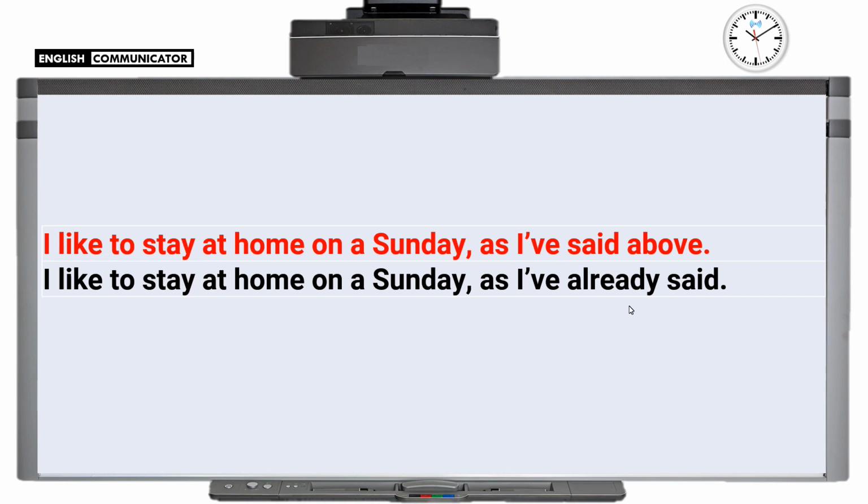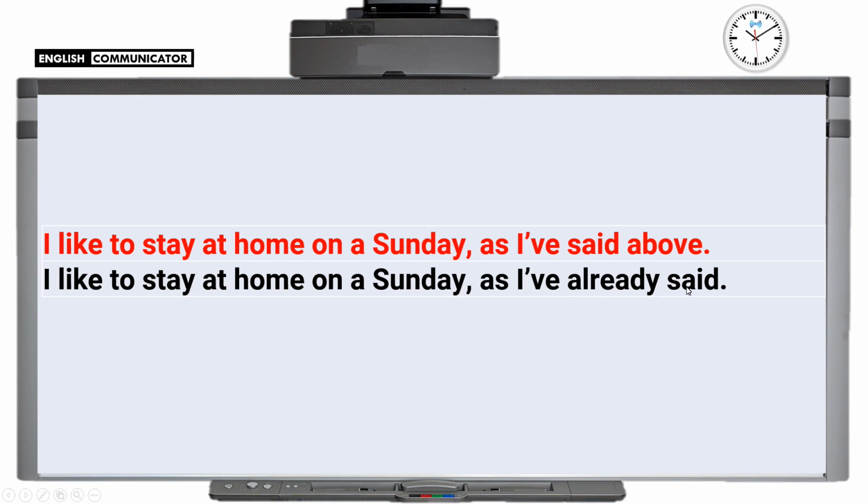I like to stay at home on a Sunday, as I have said above. I have, that's a contracted form, short form. As I have already said. I have said above? No. I have already said.